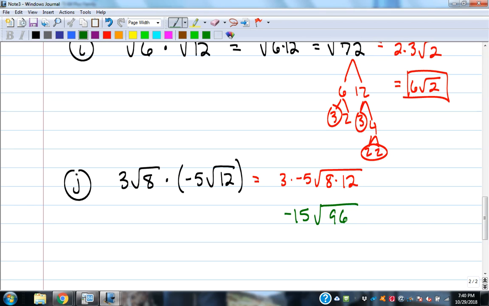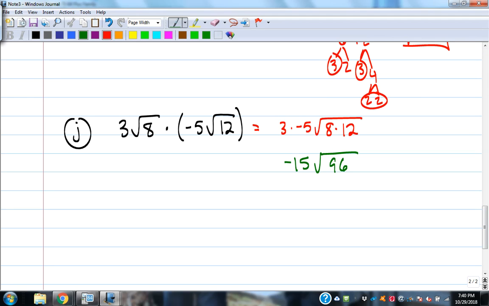The 96 or the 15? The 96, because it's on the inside of the square root. So I break it down. I got it from 8 times 12, so that's what I'm going to use. 4 and 2, 2 and 2. 12 is 2 and 6. I have 2 pairs of 2s.